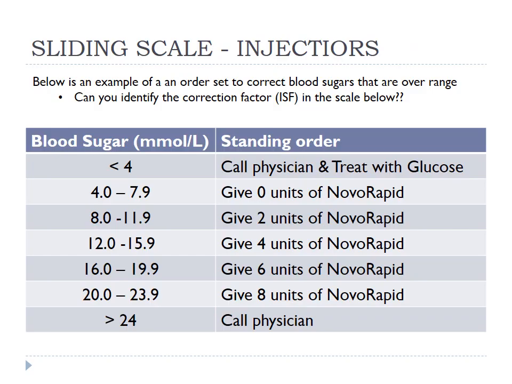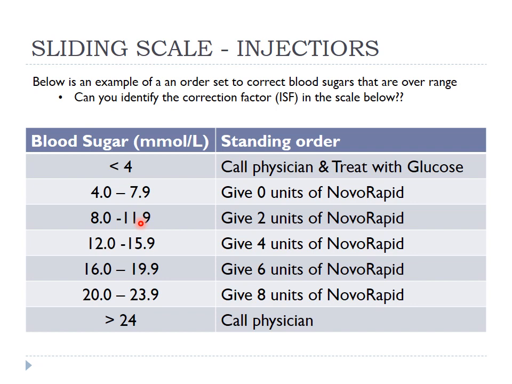Now, some of the things you might need to know, in particular when we talk about injections. You will see written for some of your patients a sliding scale, and with this sliding scale, guess what they use? They use that insulin sensitivity factor. Here we see changes, and we give 2 units when blood sugar is between 8 and approximately 12.